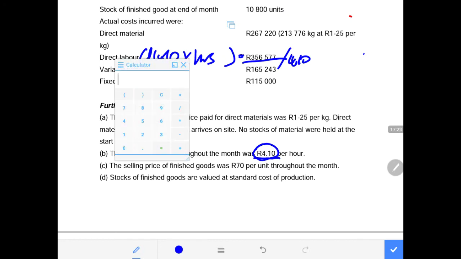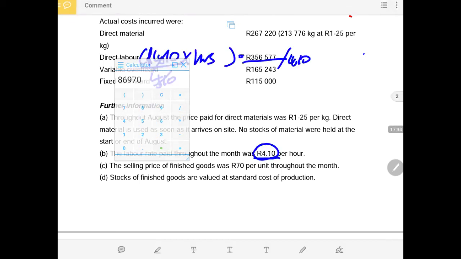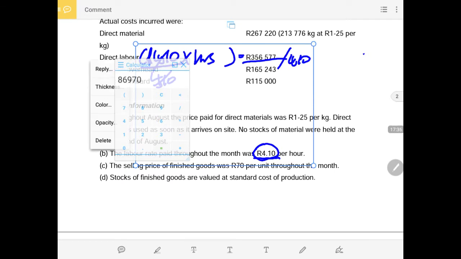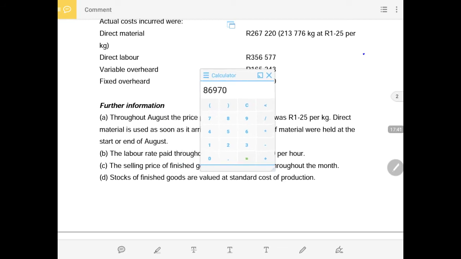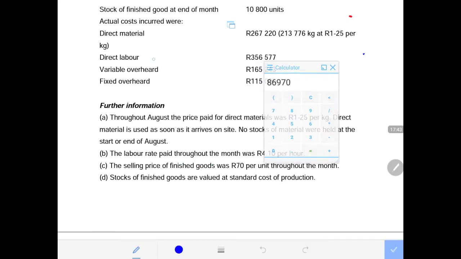So when we're looking for hours, we say cost of 356,577 divided by 4 rand 10 cents, which is the rate per hour, in order for us to get the actual hours that were worked by employees, which is 86,970.